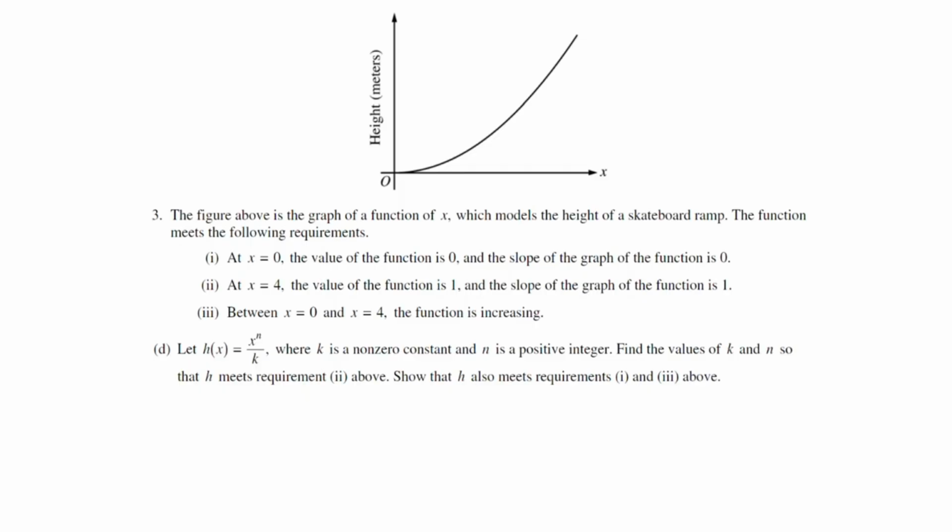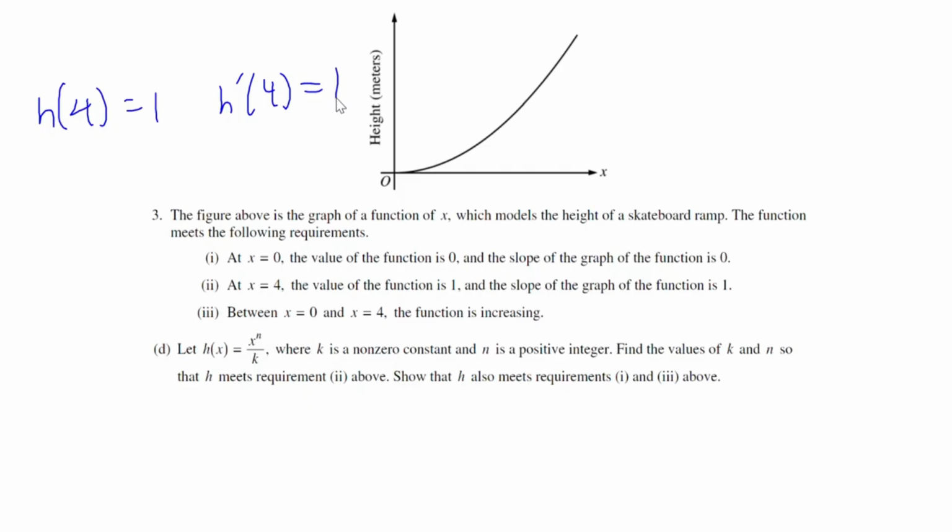In part D, it says let h of x equal x to the n over k, where k is a non-zero constant and n is a positive integer. We're going to find the values of k and n so that h meets requirement 2. So that means that we want h of 4 to equal 1, and we want h prime of 4 to equal 1 as well, just like before for requirement 2.